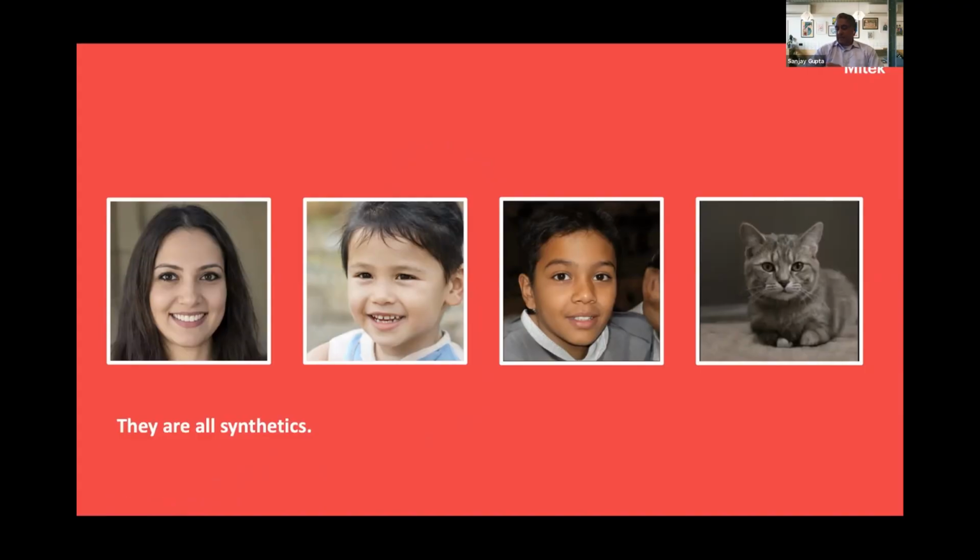The first time I came across this, there's a website called This Person Does Not Exist. Every 2 seconds, they are putting out a photo of an individual that has never existed. They have two algorithms running, called GANs, generative adversarial networks.